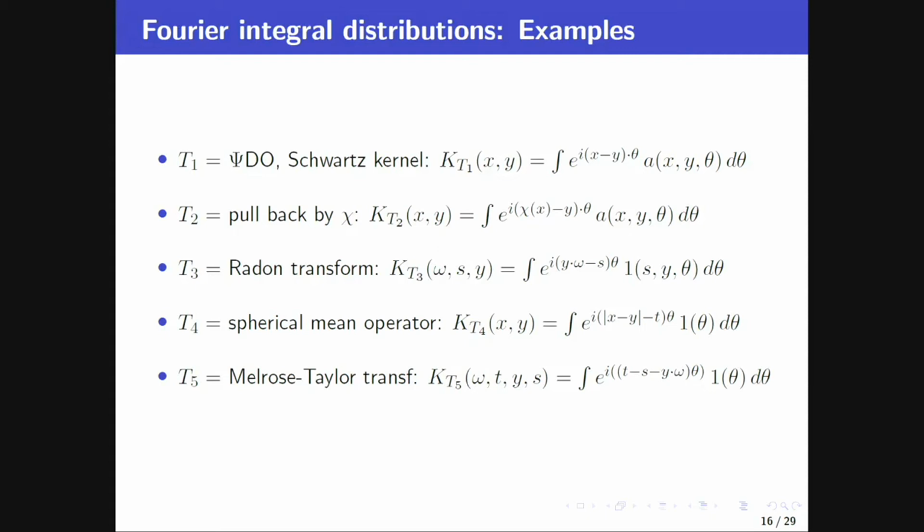Spherical mean, the length of x minus y equals t, okay? And the Melrose-Uhlmann transform, again, we have here this conormal distribution, okay? These are all conormal, you can see they're all linear. There's one more, T6, but we're going to talk about this later, okay? So you've seen this yesterday. And it's good to check, if you want, that they are non-degenerate phase functions, okay? And the lambda phi will give us exactly the conormal bundle.